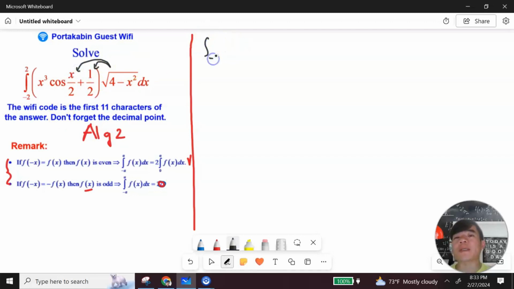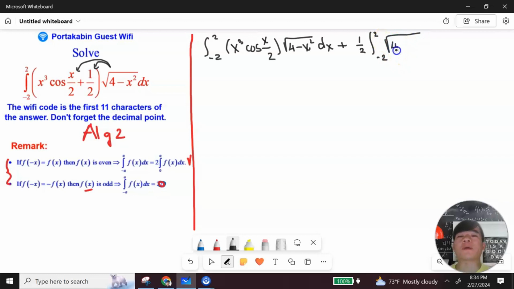The integral from negative 2 to 2 of s to the power 3 cosine of s over 2, times root 4 minus s squared ds, and then plus 1/2 times the integral from negative 2 to 2 of root 4 minus s squared ds.